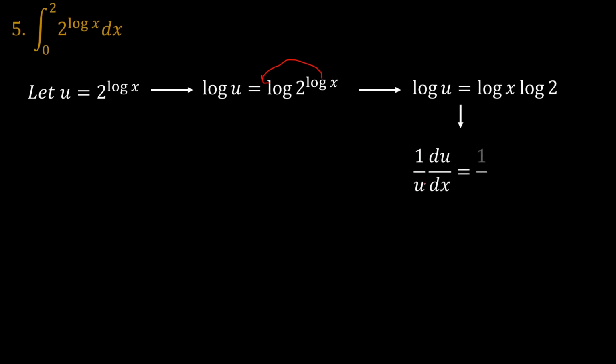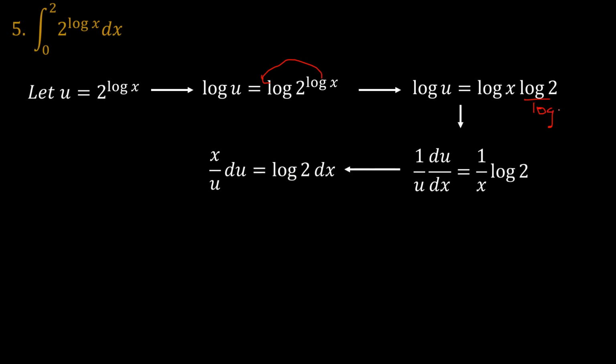And so differentiating, we get 1 over u du/dx is equal to 1 over x log 2, meaning that when we multiply both sides by x, we have x over u du is equal to natural logarithm of 2 dx.